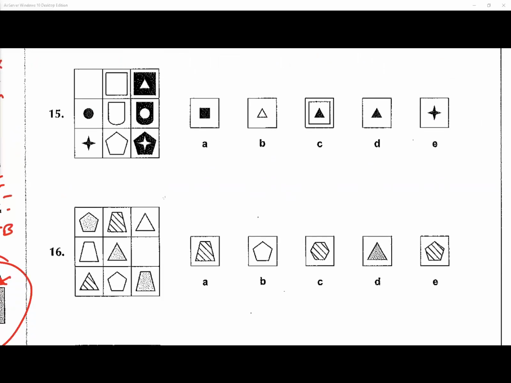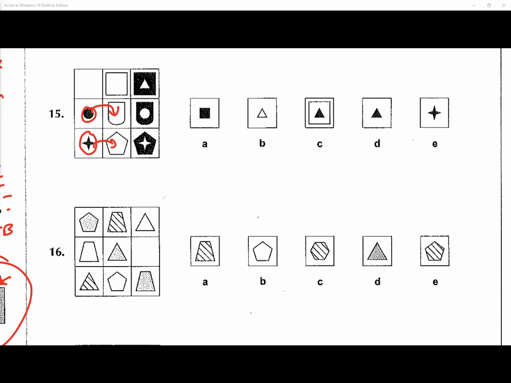Question number 15. So we have here our shapes. So we have this shape joins this shape, and then we invert the colors. So the black star becomes a white star, and the white pentagon becomes a black pentagon. So we're reversing it. This shape's got to go into this shape and then swap colors with the shape.